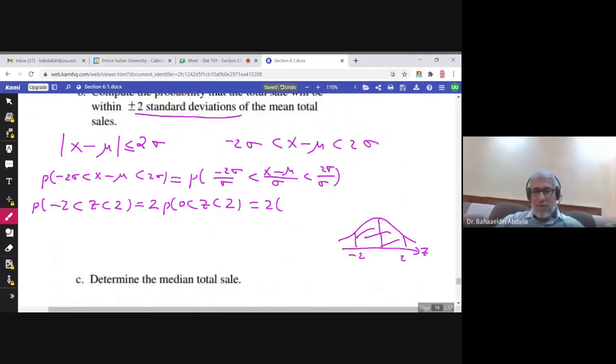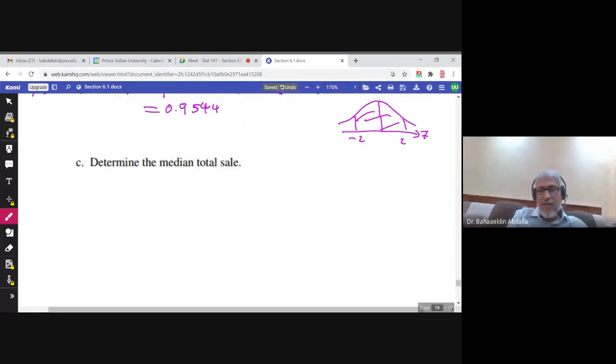So we multiply 2 times 0.4772, and the answer would be 0.9544. So we know that it's approximately 95, but now this is the actual percentage, 95.44.